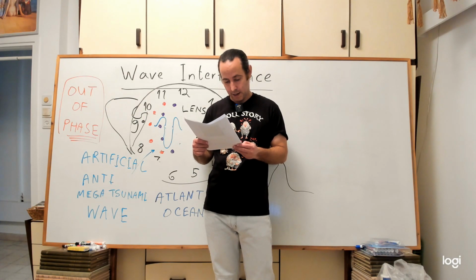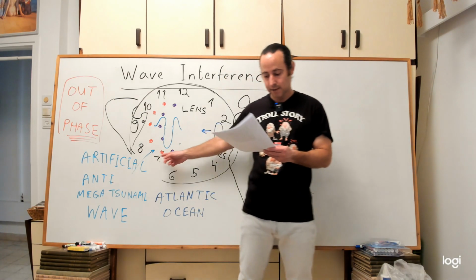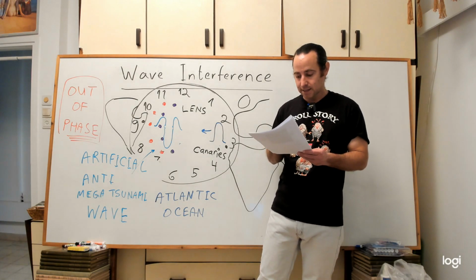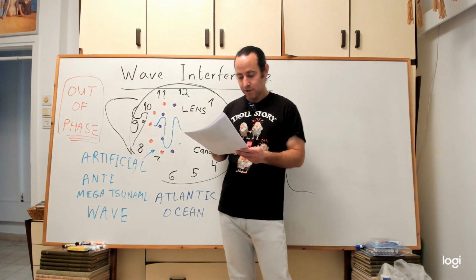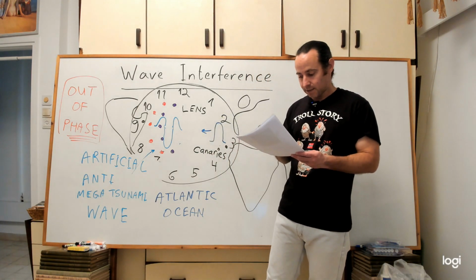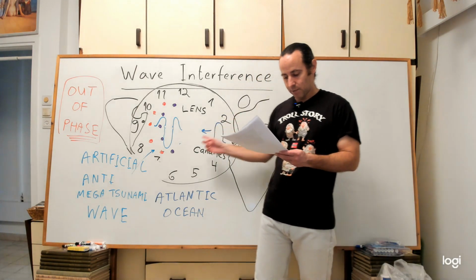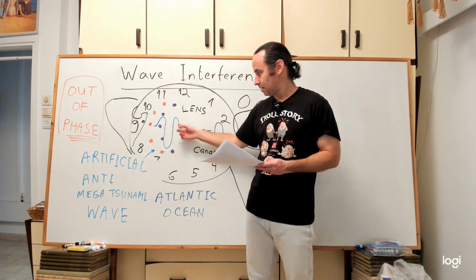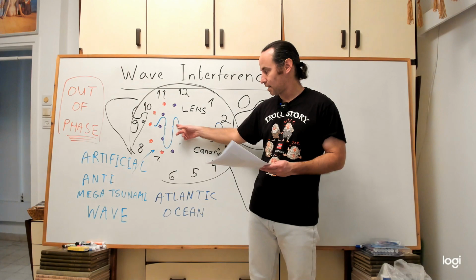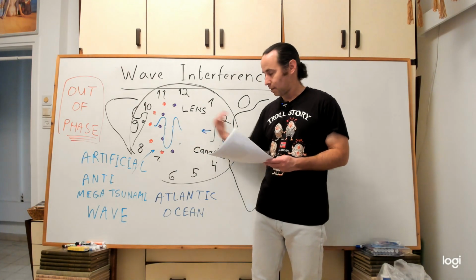So I don't know how to create an out-of-phase wave, but I guess it requires two artificial waves. The first artificial wave, like we just described, and the second artificial wave, a short distance from the first. Okay, this is the second, this is the first, this is the second, and they both go to the right.